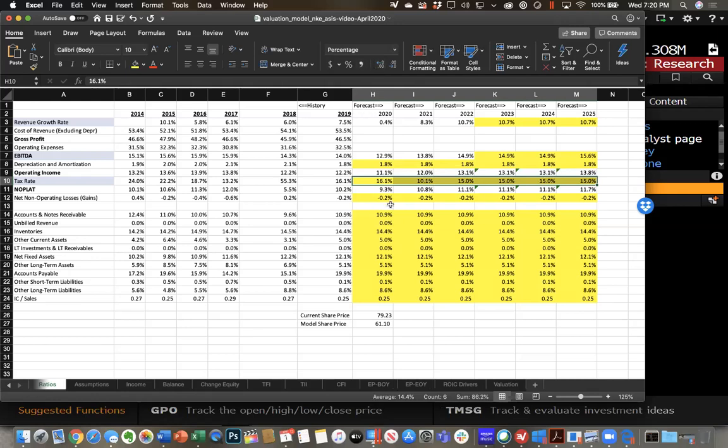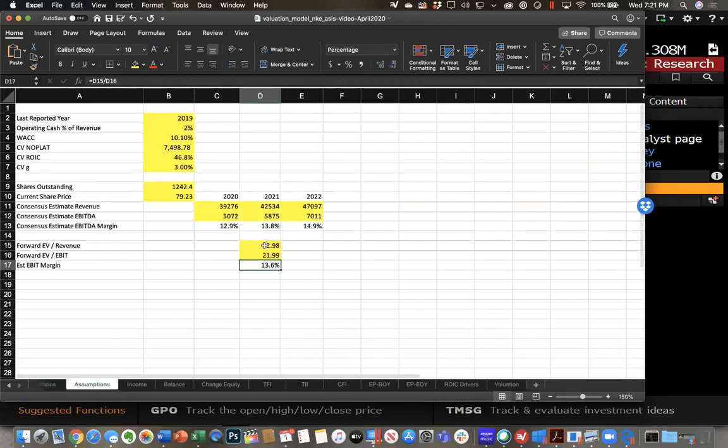Now, the next thing we need to do is make sure we got the EBITDA margin and the revenue growth rate. We have the EBITDA margin for the next 3 years based on what the analysts are doing, but we need to know what the perpetuity number is. We're going to talk about this in 2 weeks when we get to multiples, but this is the formula to estimate perpetuity EBIT / operating margin.